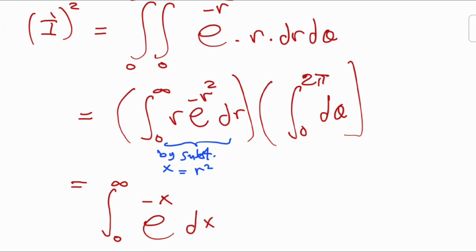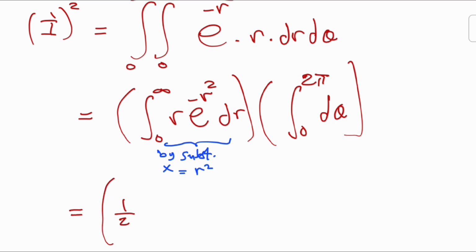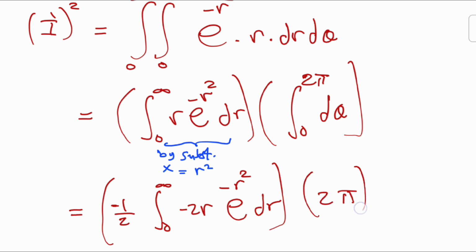You can use the trick that you multiply by a half and a minus half outside and a minus 2 inside. In this case we have the derivative of the exponent outside, and this is just 2 pi.